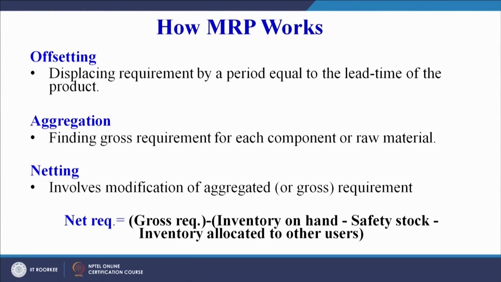Aggregation: finding the gross requirement for each component or raw material. So MRP will calculate what the gross requirements of material are. Maybe the same component may be required in 5 different product lines. So it will aggregate and make the complete requirement, because if you remember, in our materials management we have seen there is a concept of quantity discounts.